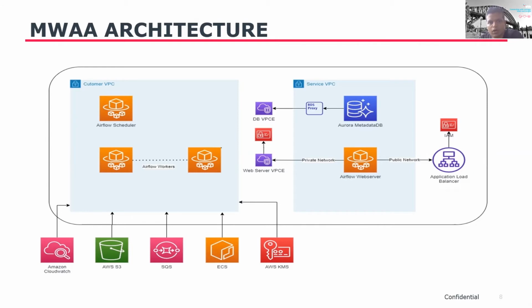The workers on the MWAA environment use the Celery executor to queue and distribute tasks to multiple Celery workers from an Airflow platform. The Celery executors run on, again, the Fargate containers.